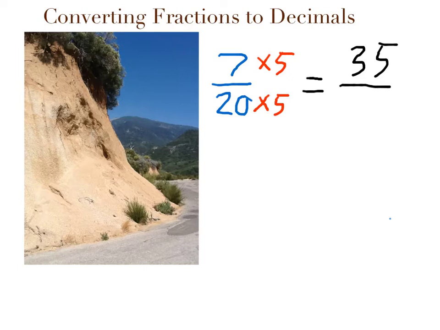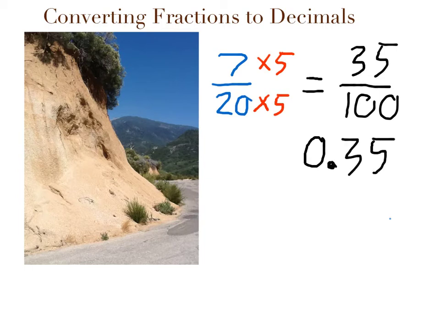The denominator by 5, I get 100. So that gives me 35 hundredths, which by definition is the same thing as 0.35. 0.35 just means 35 hundredths because this is my hundredths place.